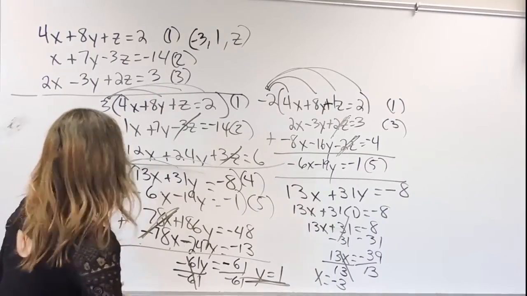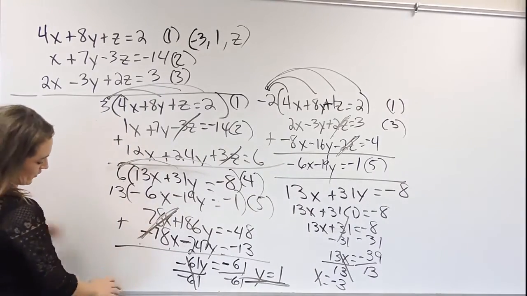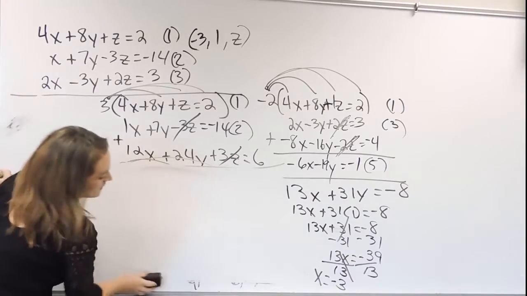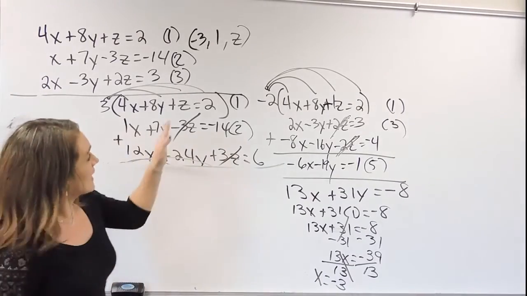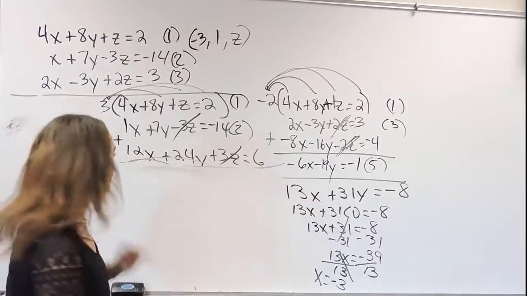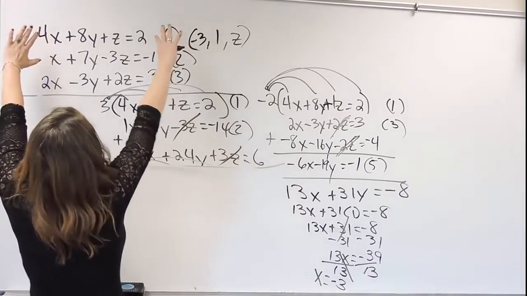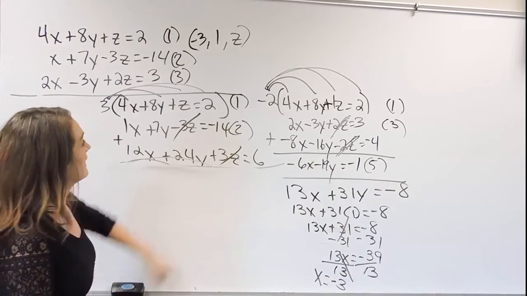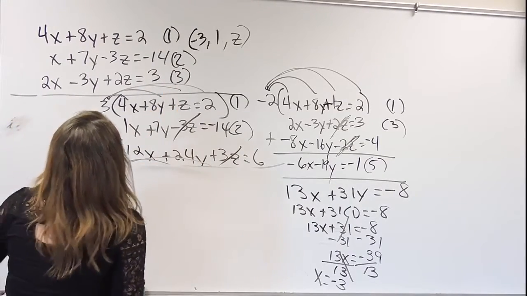I'm going to erase some of this work. Now that we know what x is and what y is, we need to find z. So go back up to one of your original equations and plug in our x and y values.